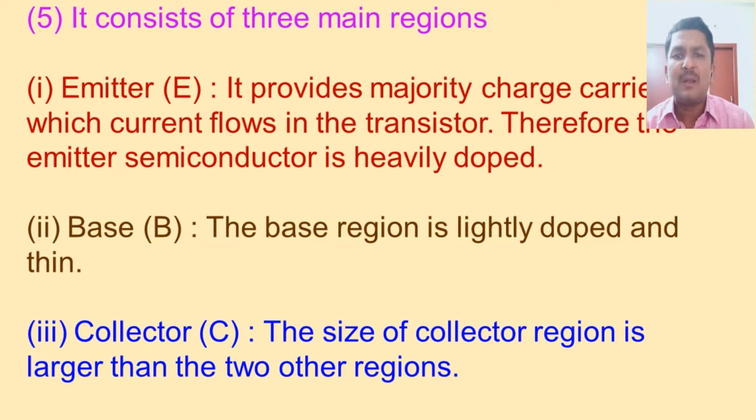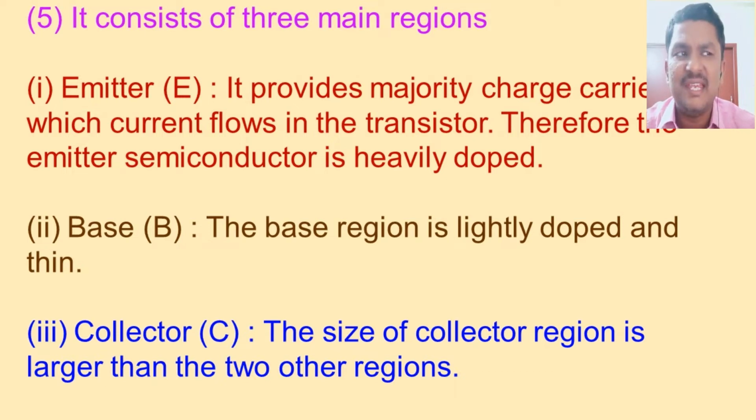So emitter is heavily doped, so it provides majority charge carriers by which current flows in the transistor. And the base region is lightly doped and very thin.